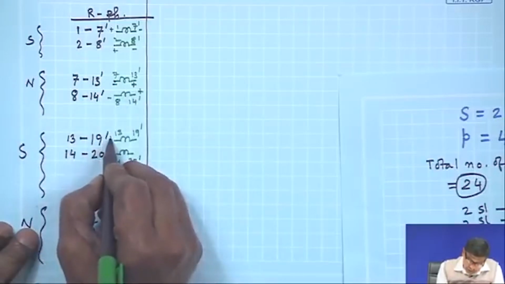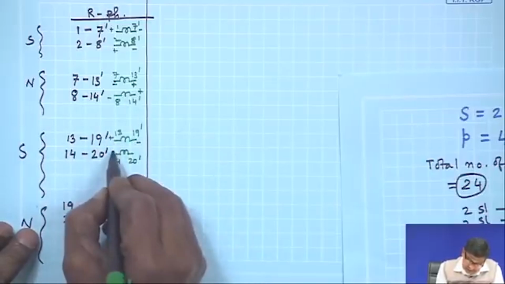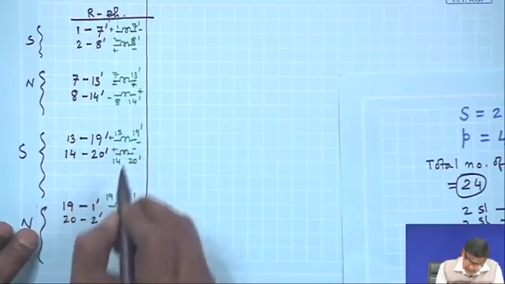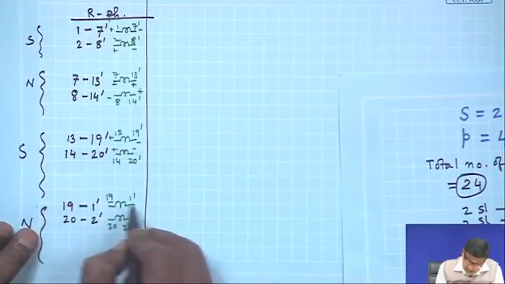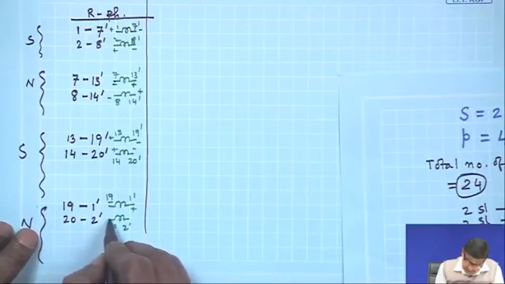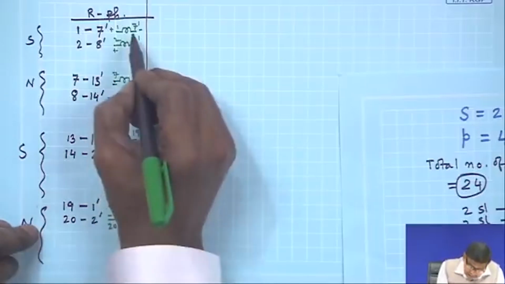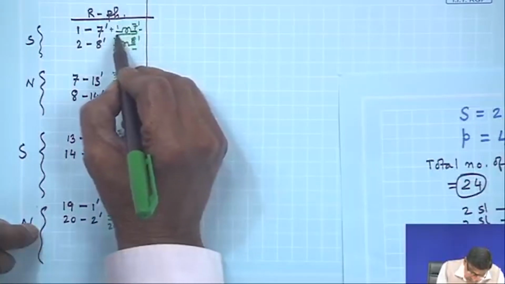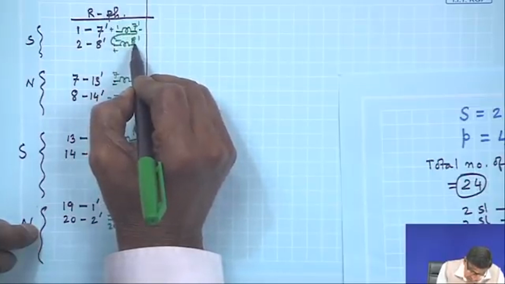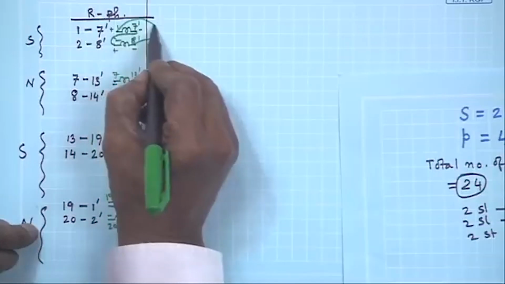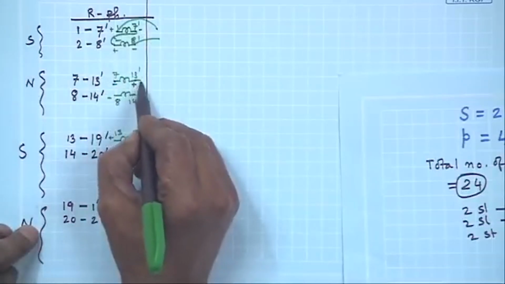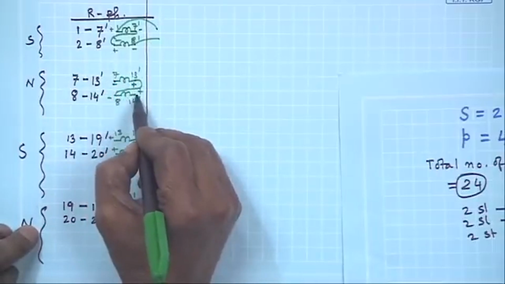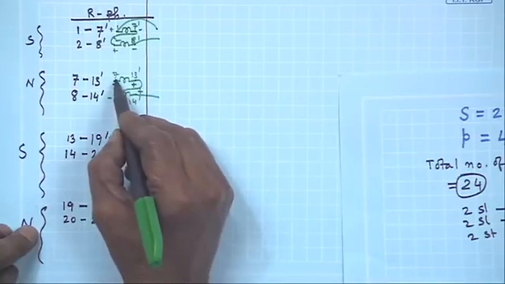Under south pole it will be like this and under north pole it will be like this. And then you connect this in series and get these two terminals, connect them in series and get these two terminals.